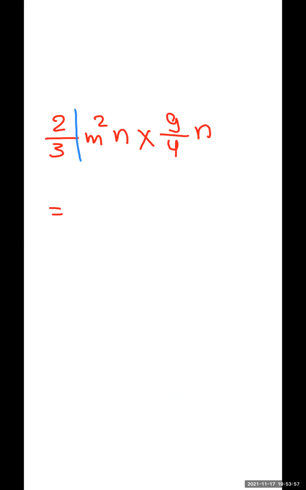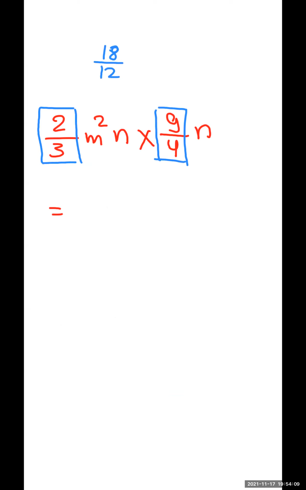One more question. If the question is like that, 2 over 3 m to the power 2 n times 9 over 4 n. Now, multiply the two coefficients, 2 over 3 times 9 over 4. So it will be 18 over 3 times 4, it's 12.